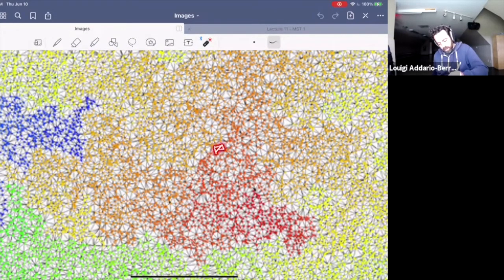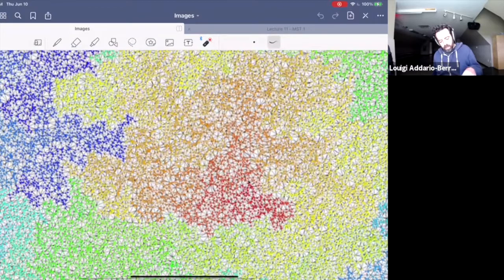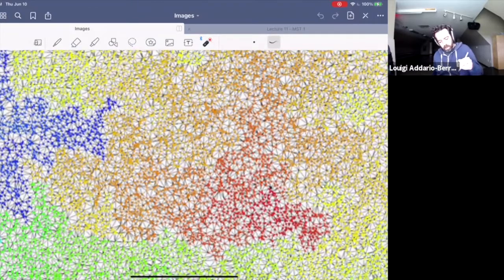It's a triangulation. It has a bunch of little gray lines that you can see all over the place. The distances in this picture are just Euclidean distances. That's how the weights are given to the edges. The weight of each edge is the Euclidean distance between its endpoints.